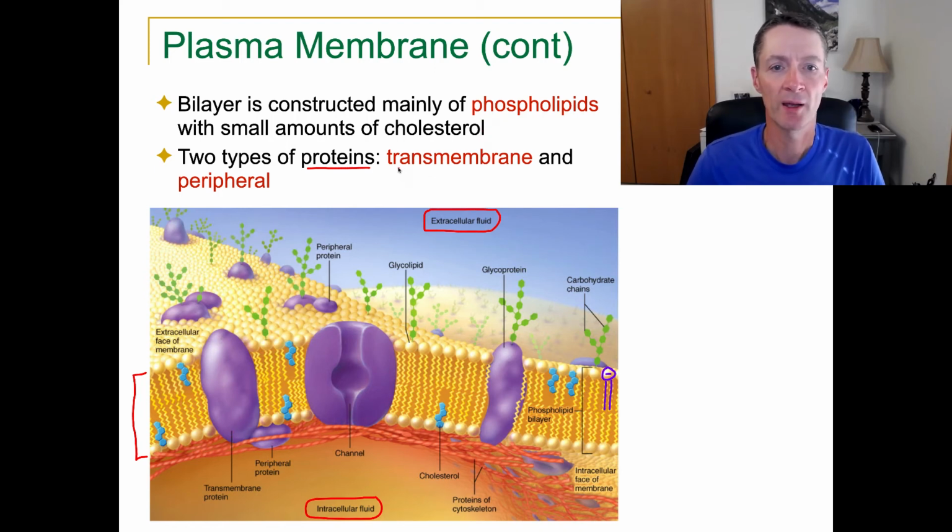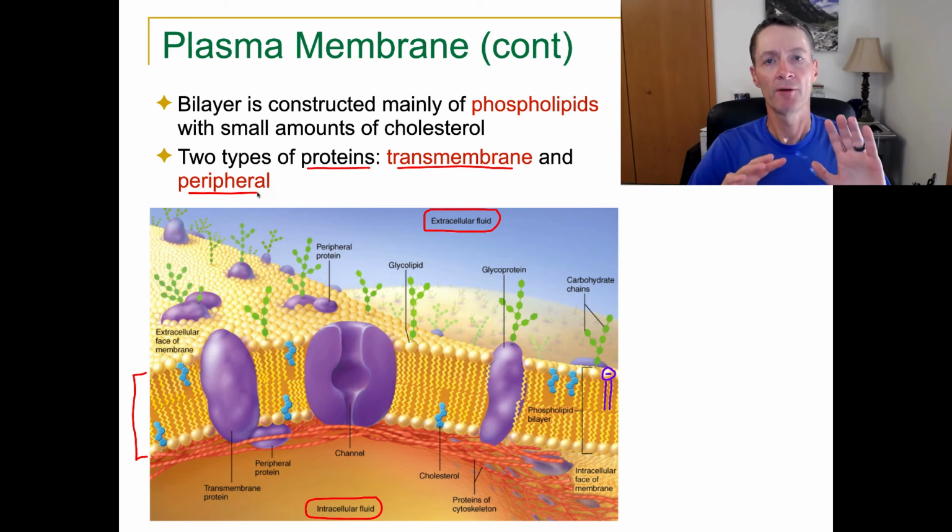They are transmembrane proteins. They go clear through, like transcontinental, right? Or transatlantic, if I go all the way across the Atlantic on a flight. These go all the way across the membrane, so transmembrane. And then we have peripheral. Think about peripheral, like your peripheral vision, right? We're going to only see things off to the sides here.